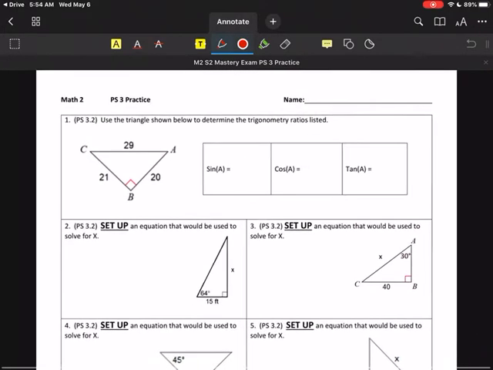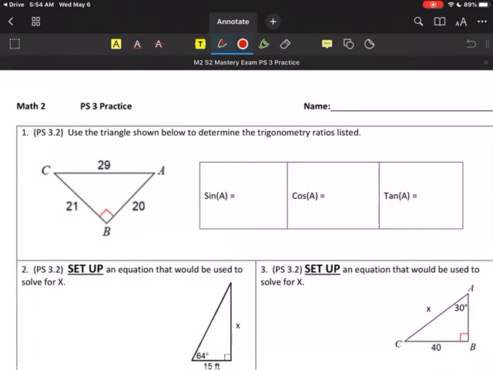Okay, so this one, all right, remember sine, cosine, tangent is not that one. So, SOH CAH TOA, right? So sine of the angle equals opposite over hypotenuse.